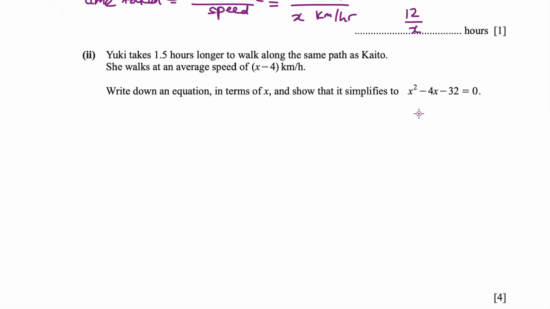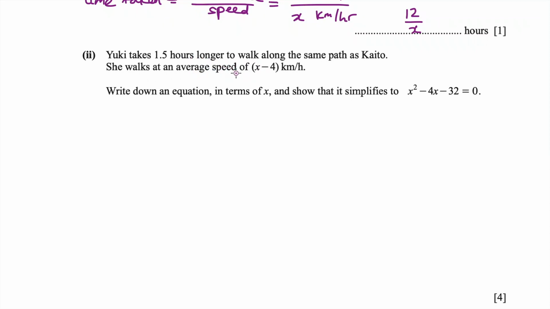Now, Yuki takes 1.5 hours longer to walk the same path as Kaito. She walks at an average speed of x minus 4 kilometers per hour, right? So she takes 1.5 hours longer.